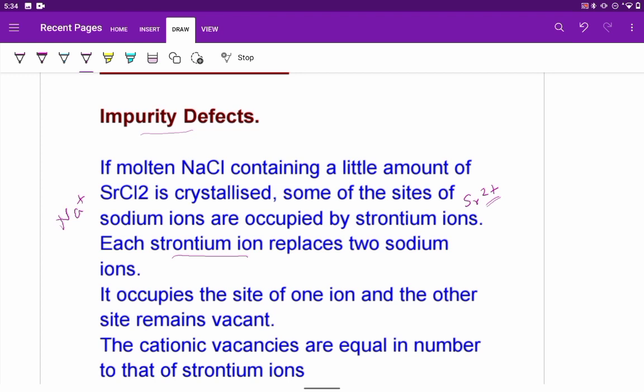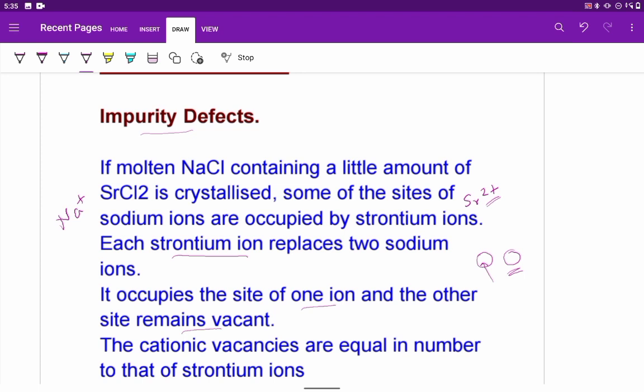So it will occupy the site of one ion and the other site remains vacant. For example, initially there are two sodium ions, but when the strontium ion takes its position, it will occupy only one site, whereas the other one will remain vacant. It occupies the site of one ion and the other site remains vacant.